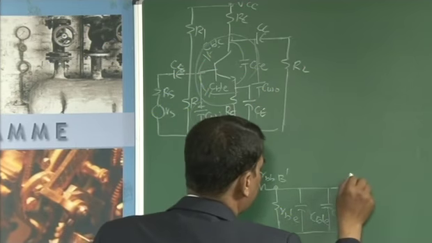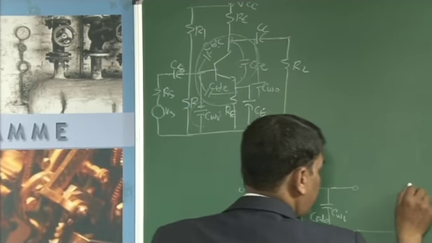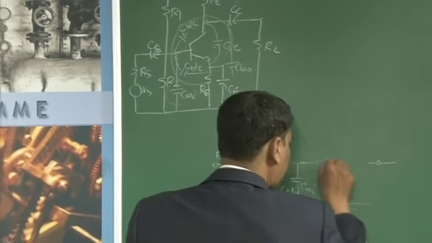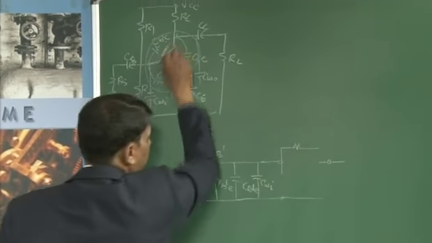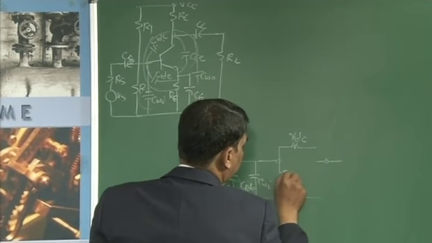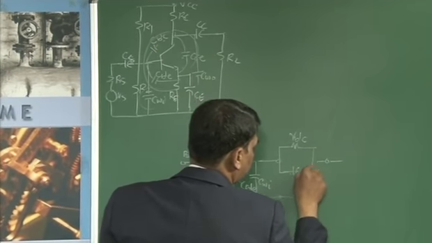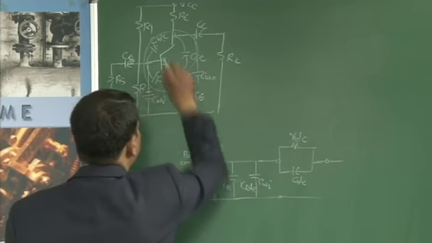This is between B' and, similarly, between the collector and B', due to the junction there is a resistance that is nothing but R_B'C, and there is a capacitor C_B'C, or the capacitance between the base and the collector.